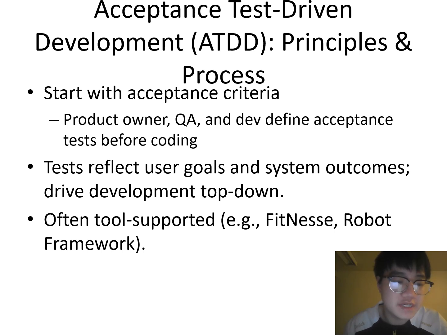Tools like FitNesse or Robot Framework are often used to automate acceptance testing. The benefit of ATDD is increased stakeholder alignment, clearer requirements, and reduced rework. It is especially effective in domains where compliance or contract acceptance is important.